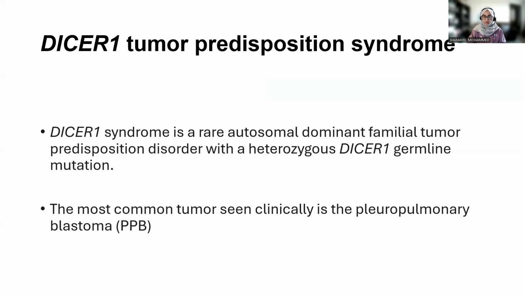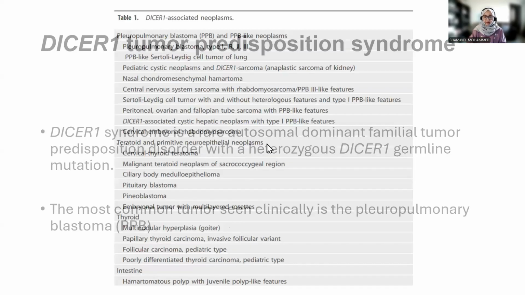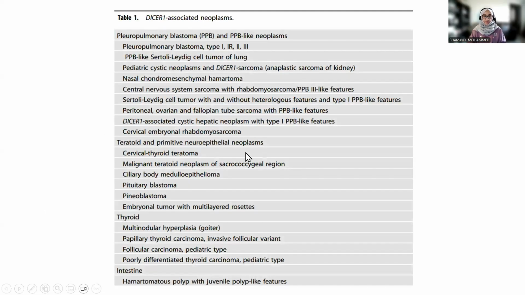It is a rare autosomal dominant tumor predisposition disorder with heterozygous DICER1 germline mutation. The most common tumor seen in this syndrome is pleuropulmonary blastoma. However, you can have many other neoplasms ranging from cystic neoplasms of the kidney to neuroepithelial neoplasms and thyroid neoplasms.